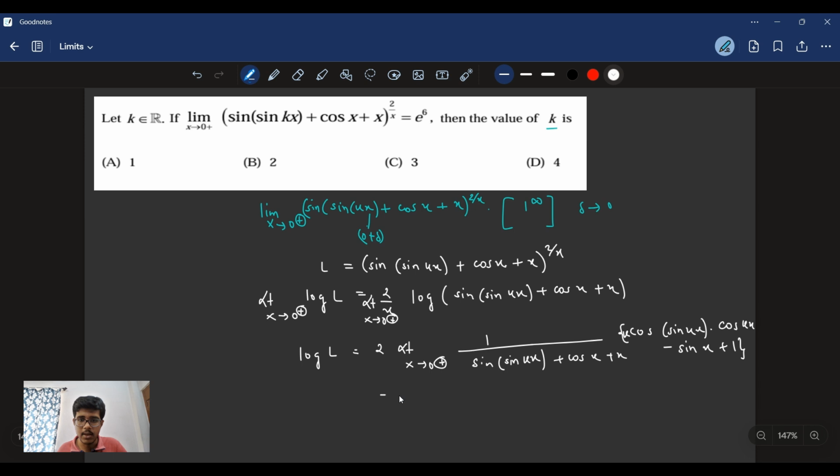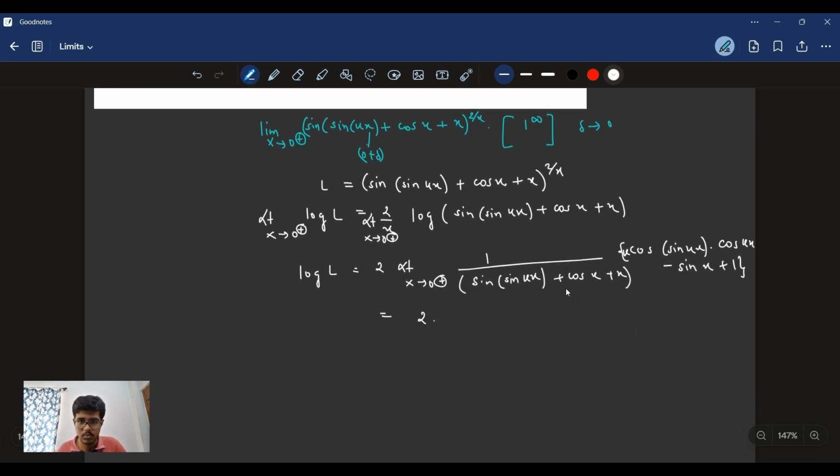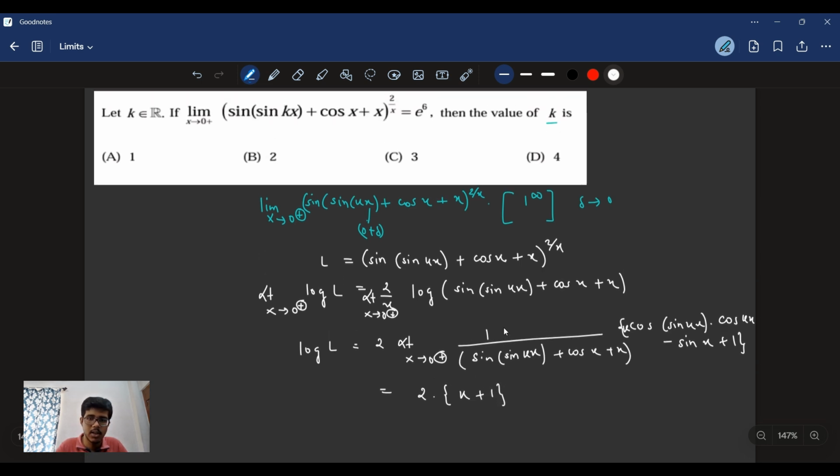Now if I apply x as 0 plus delta, in the denominator it is going to be 1, and in the numerator, if you look carefully, sin of kx is going to be 0, and therefore cos 0 is basically 1, and again cos of k into 0 plus delta, where delta is tending to 0, is going to be 1. So I am getting here k, sin of 0 plus delta is going to be 0, plus 1.